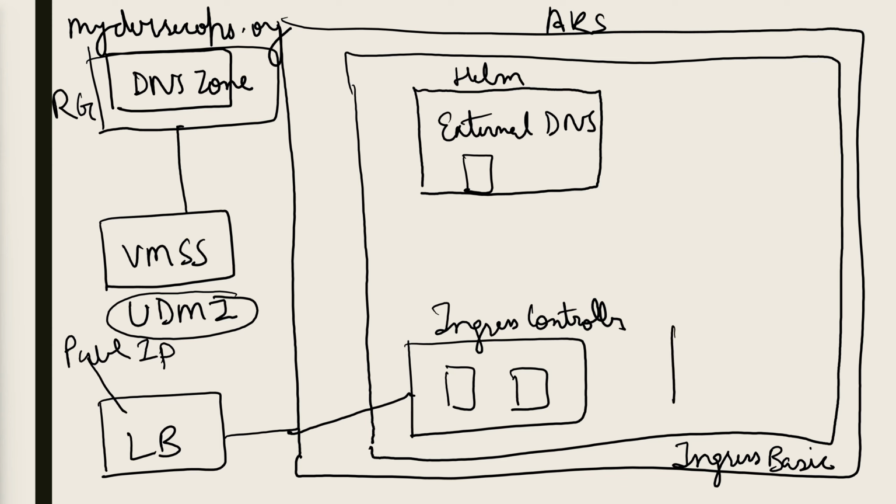So using the Helm, we'll create certificate manager, which will further create the pod and the service into the Ingress basic namespace. And then we'll define the letsencrypt issuer, which is a certifying authority, and will generate the certificate for our application.